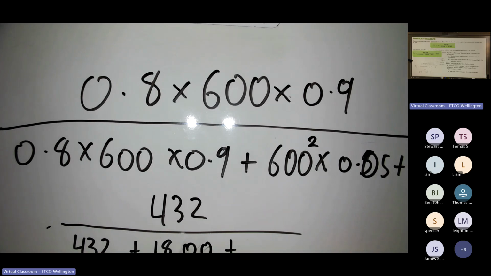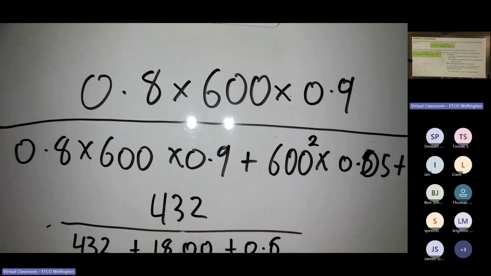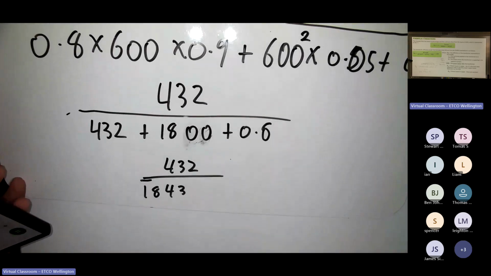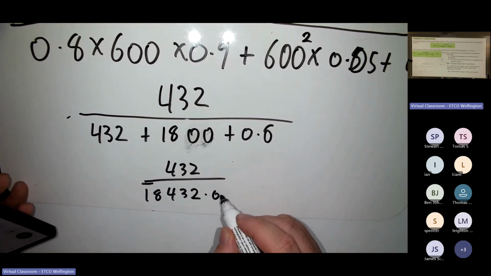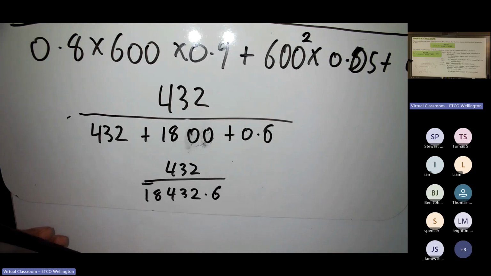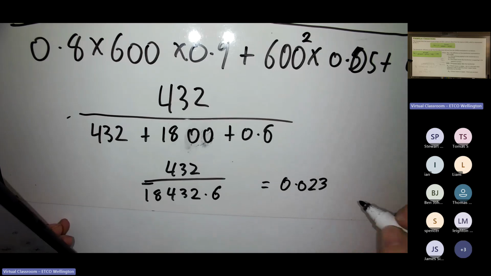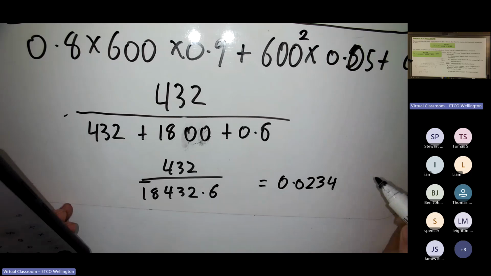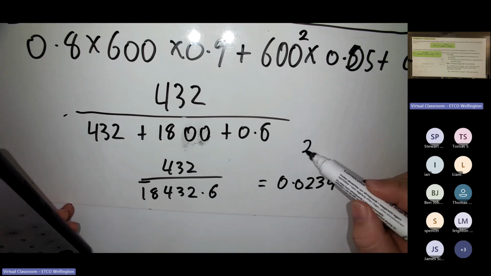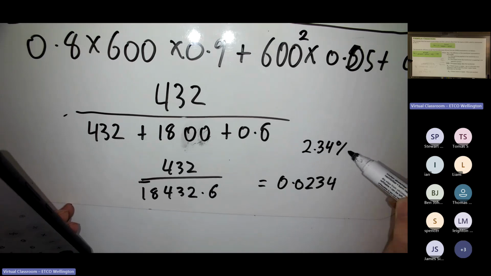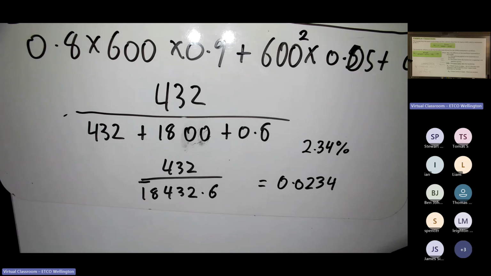And then plus 0.6. So it's 432 divided by 18,000.6, so it's going to be very inefficient. 432 divided by 18,432.6 is 0.0234, which times 100 gives us 2.34%. Very inefficient.